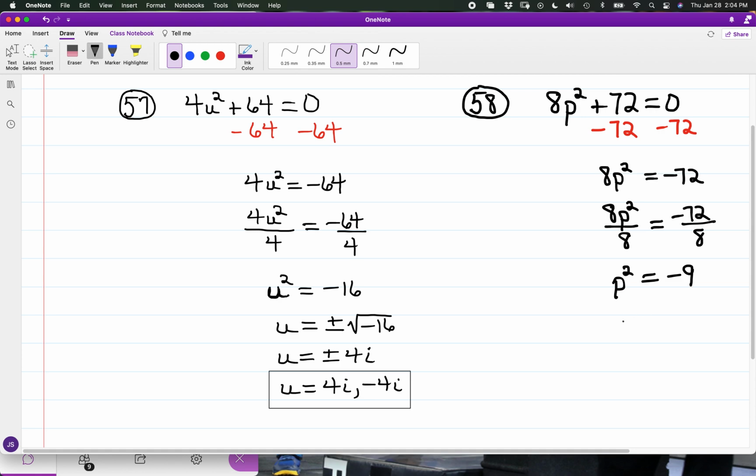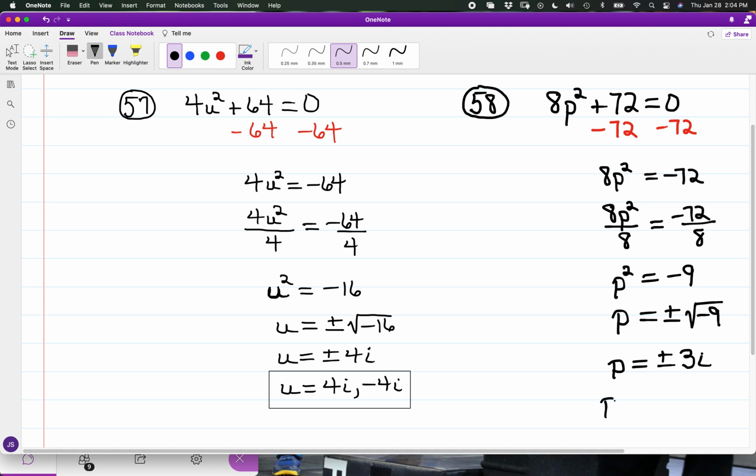And once again, utilizing the square root property of equality, p squared goes to p, and we have that set equal to plus or minus the square root of negative 9. And in this case, p is going to go to plus or minus, where the square root of negative 9 goes to 3i.